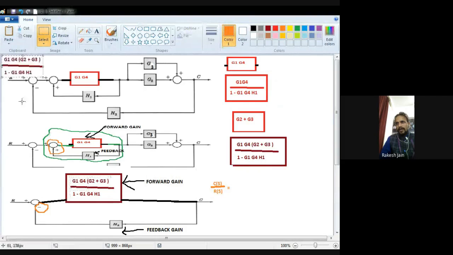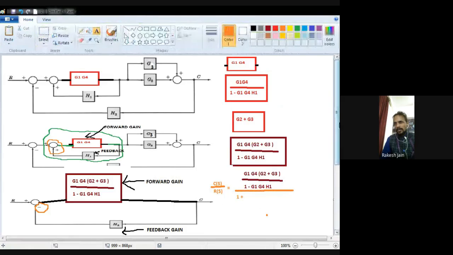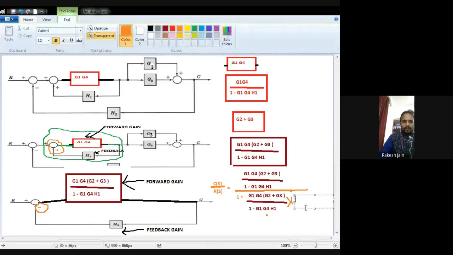This forward gain divided by 1 plus, because negative feedback is there, so I put 1 plus forward into feedback. Forward is the same, multiply by feedback. So multiply sign I just put. Feedback, what is feedback? H2 is only present, so H2.